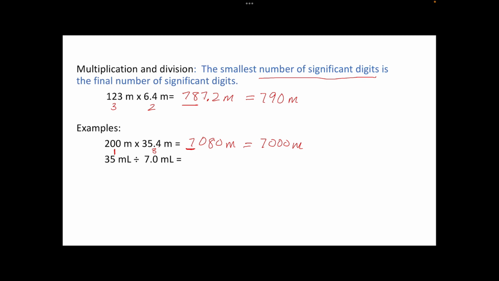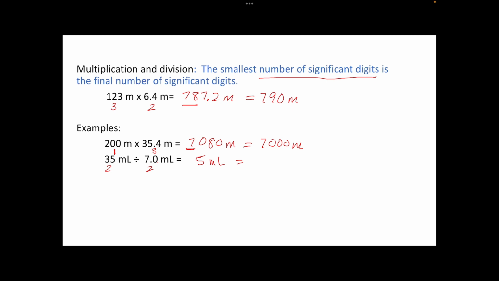All right, let's go ahead and do the second one. If we take 35 and divide it by 7.0, we end up getting 5, right? Now, this one is interesting because this one has 2 significant digits. This 0 is significant because it's after a decimal point and it's after a non-zero. So we have 2 here. This is milliliters, and for our final answer, we want to have 2 significant digits.